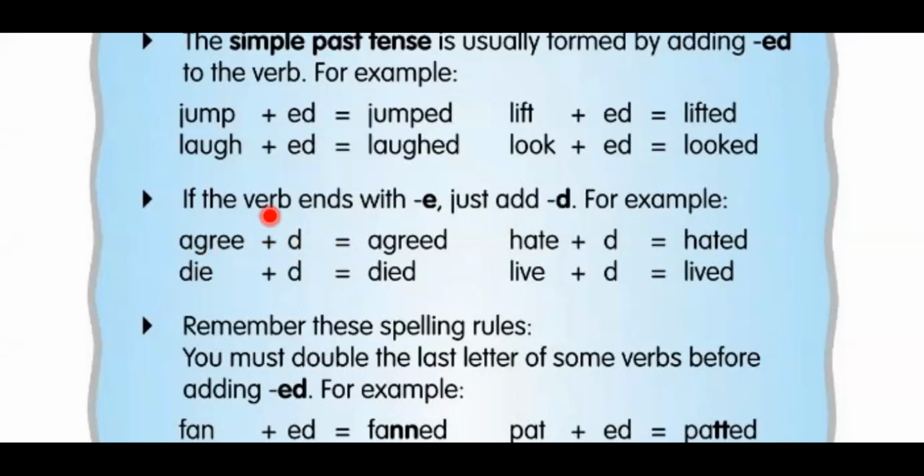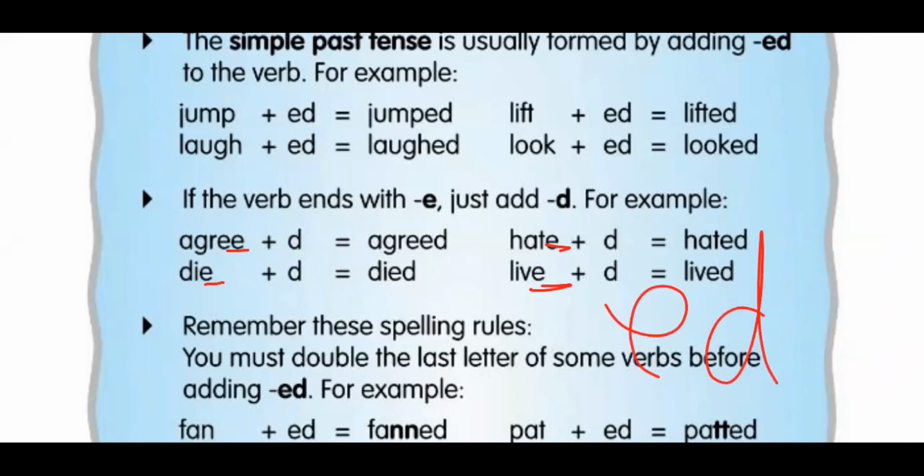What is the rule over here? The rule is when the verbs end with e, like agree, die, hate, live. All these words are ending with what? E. When verbs end with e, what will we do? We'll add only d. We will not add ed again.